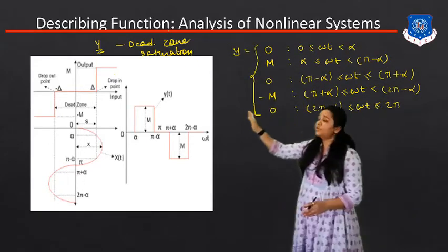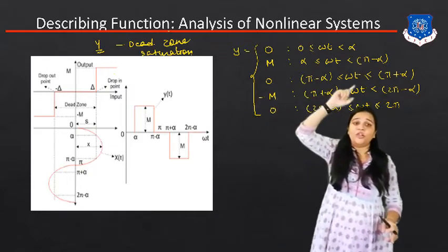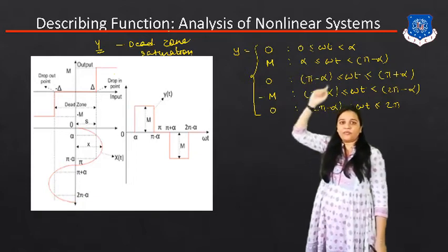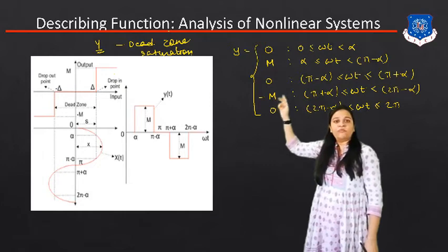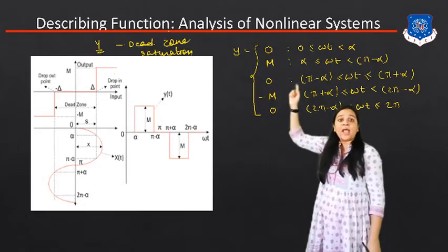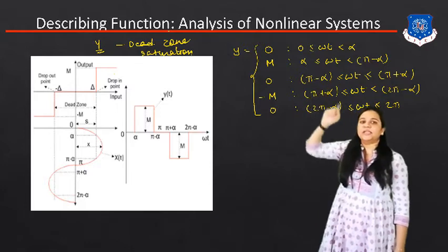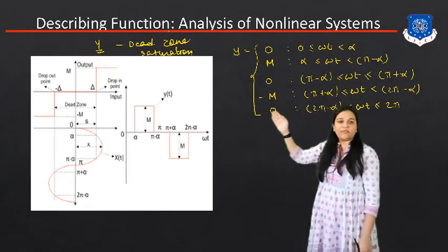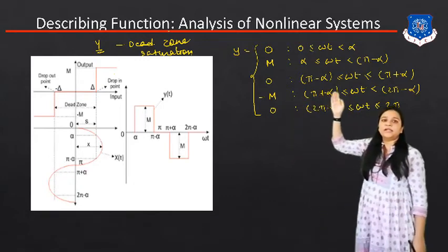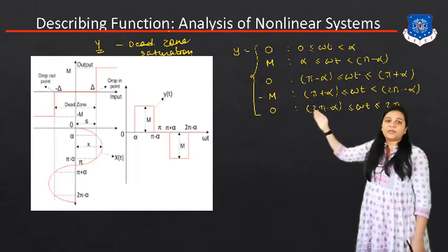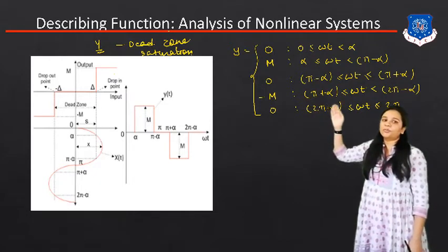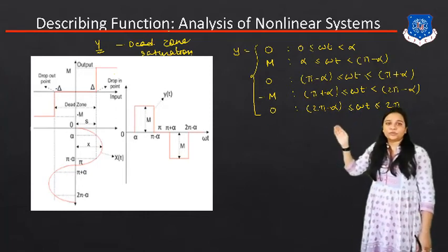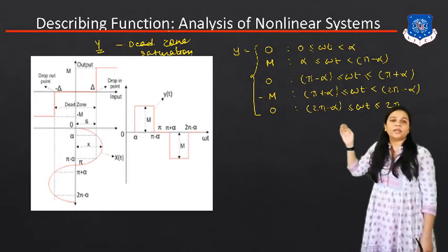y is equal to 0 in the condition where ωt varies from 0 ≤ ωt < α. We get y = M where ωt varies from α ≤ ωt < π − α. y will become 0 where π − α ≤ ωt ≤ π + α, y = −M for π + α ≤ ωt < 2π − α, and y is equal to 0 for 2π − α ≤ ωt < 2π.